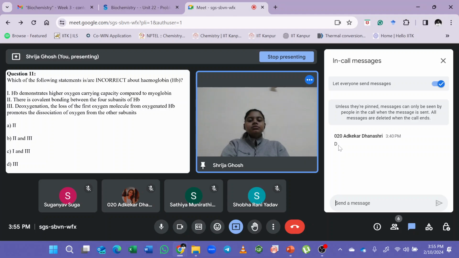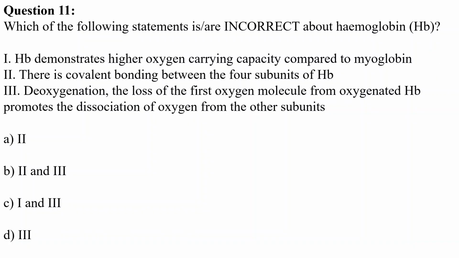Anybody knows whether a covalent bond is a strong bond or a weak bond? Okay, Shobha says it's a weak bond. Okay, but in reality it's a strong bond. It's one of the strongest bonds that are there in nature.